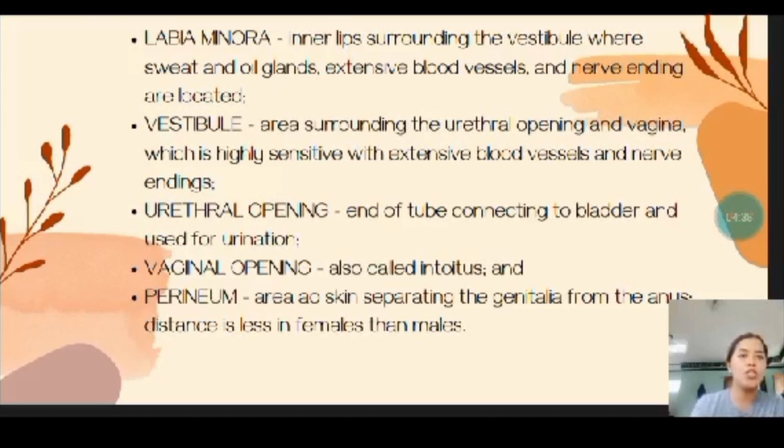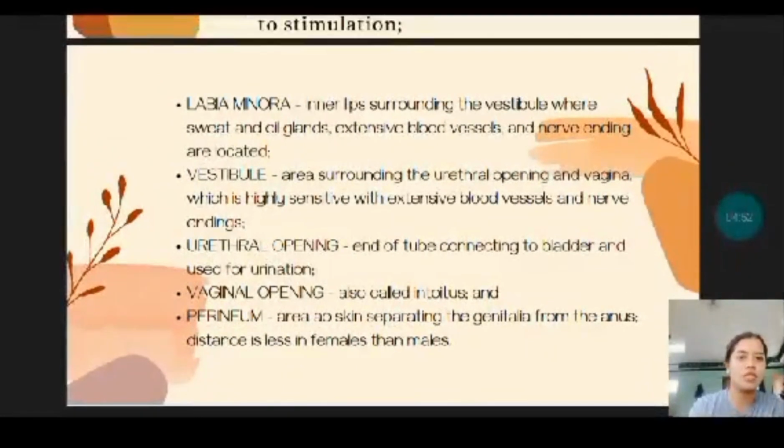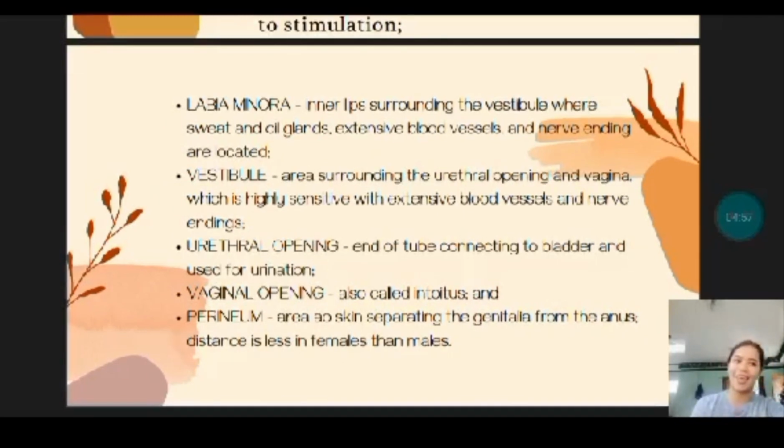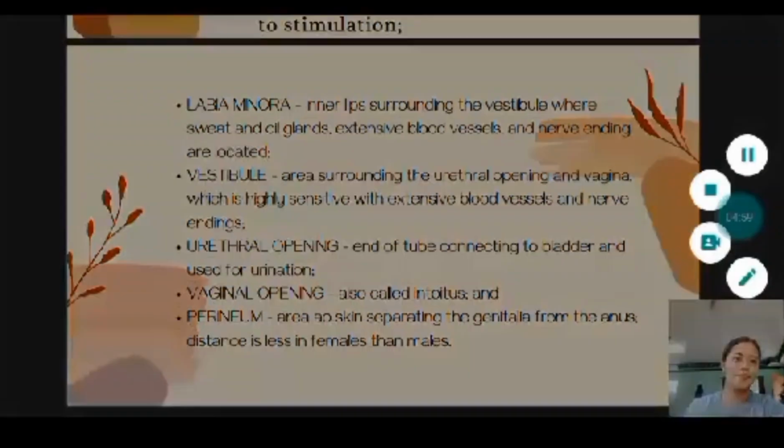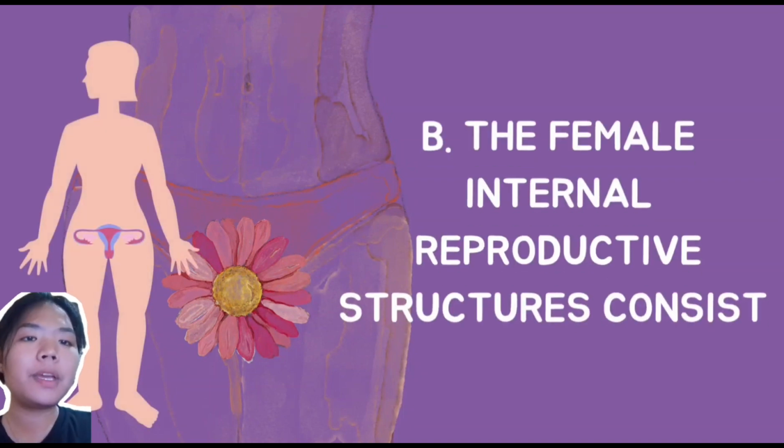Vaginal opening, also called introitus. And the last is the perineum: area of skin separating the genitalia from the anus. The distance is less in males. Thank you.